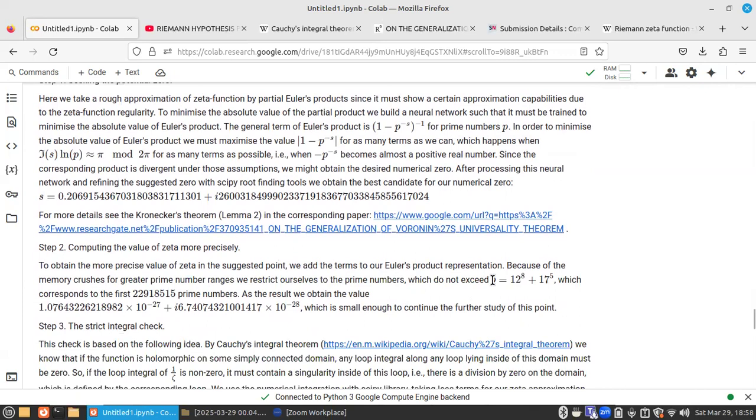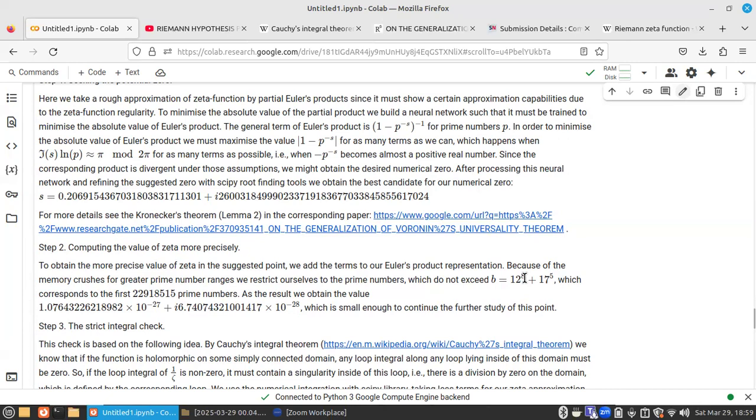So we take all of the prime numbers up to this number, 12 to the power of 8 plus 17 to the power of 5. This number does not mean anything, or there is no great revelation about it.